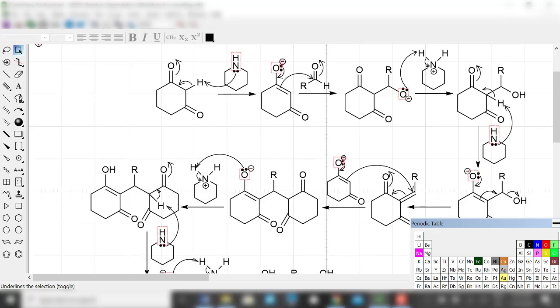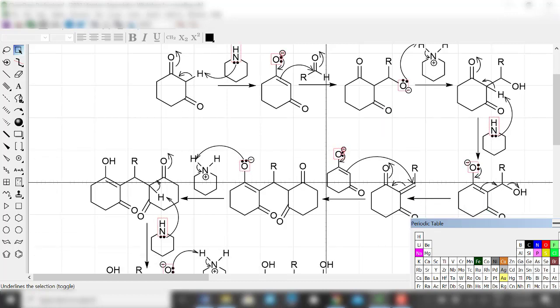The E1CB part, I would say, is a little bit beyond most of you, but it doesn't really matter because you can still draw the one that attacks the carbon and then kicks out the OH minus, although it's not as favorable. Experimentally it has been shown that in alkaline medium the E1CB is actually favored.